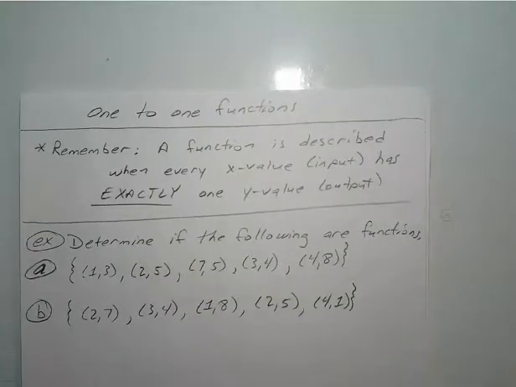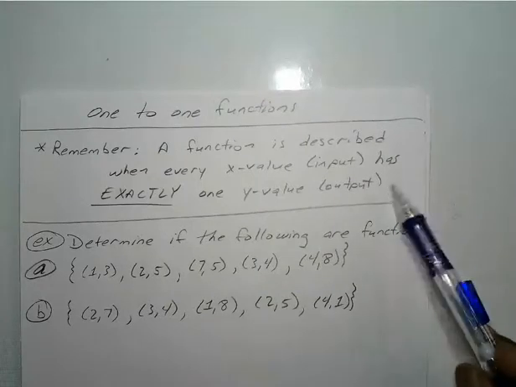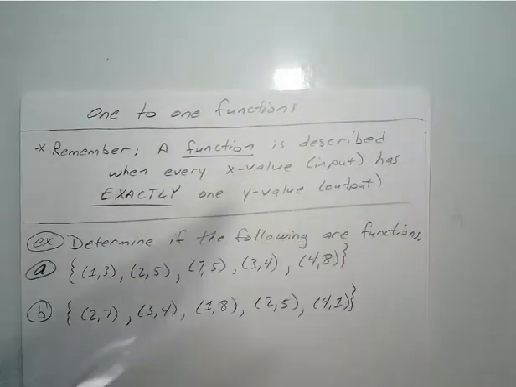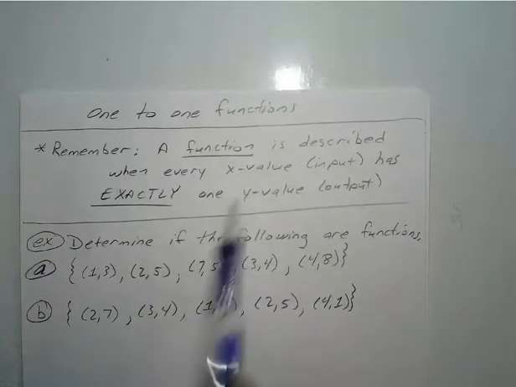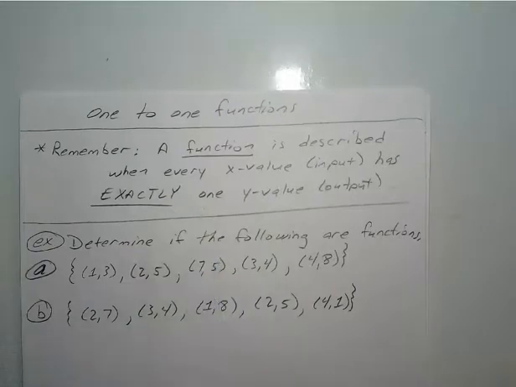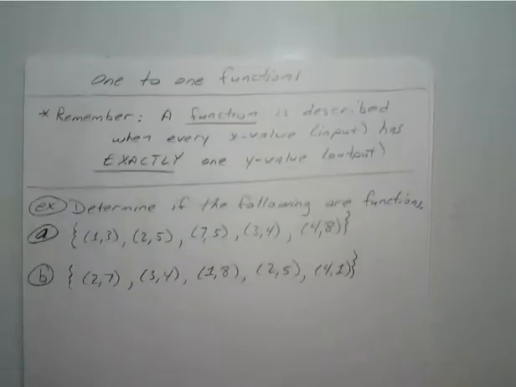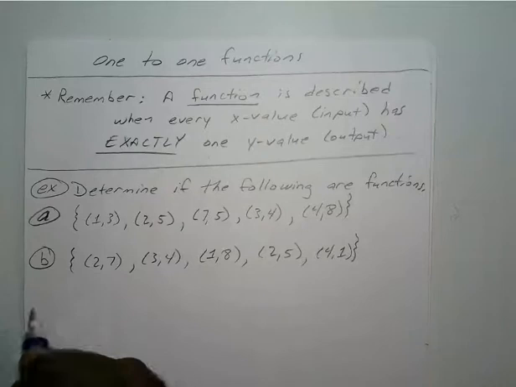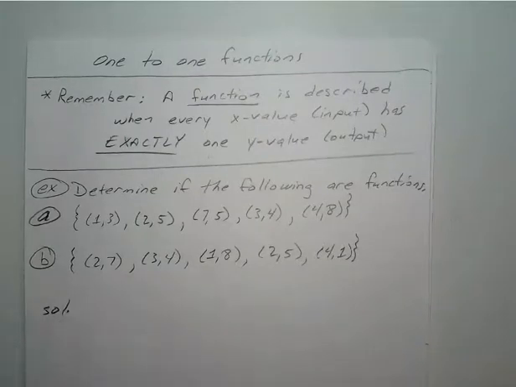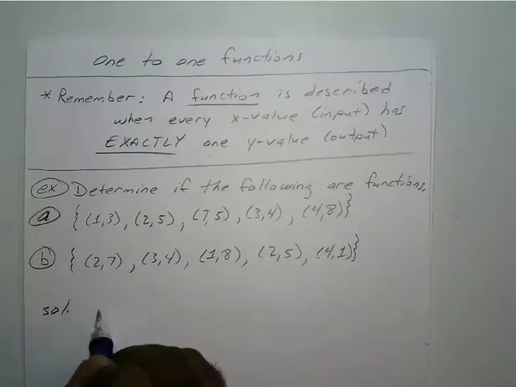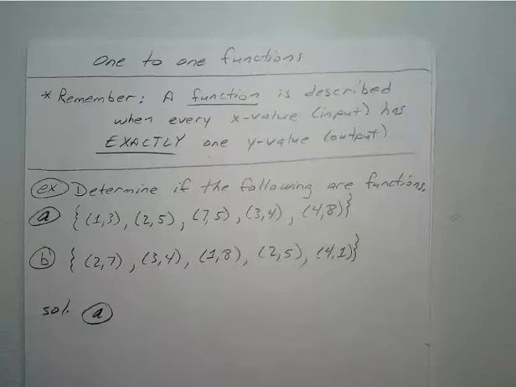Using this definition of just a function, this is not a one-to-one function. This is just your plain old, ordinary, everyday run-of-the-mill function. We want to know if the following are functions. Let's start off with problem A.